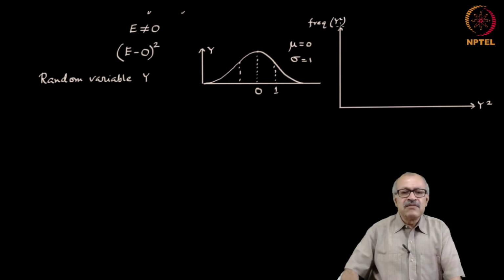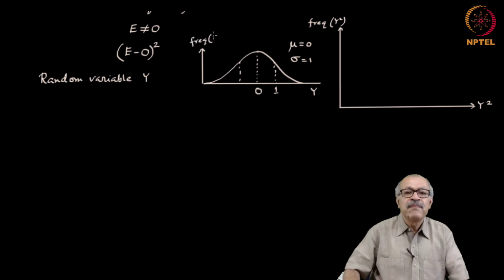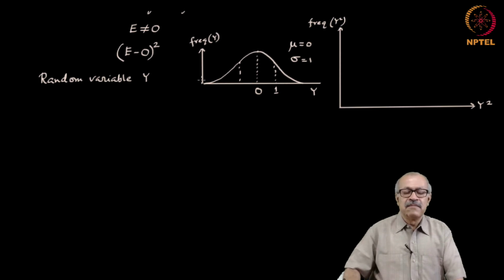I would rather put this one as y, sorry, I made a mistake in labeling the axis. This is my y and this is the frequency of y, which is distributed like a normal distribution with mean 0 and standard deviation 1.